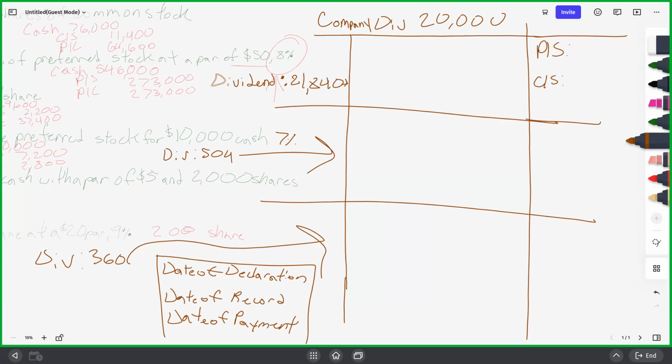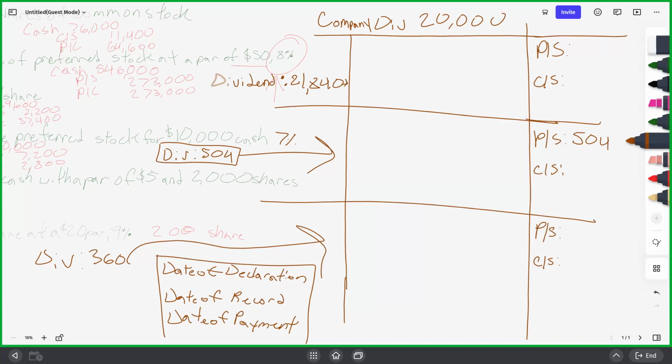Or wherever the first box is? No, number 2. We'll do number 2 real quick for at least figuring things out, because one of these is a trick question and I want you all to try to see if you do. So the dividend that we found out for preferred stock has already been done for us. It's 504. What does that mean for common stock? How much does common stock get?